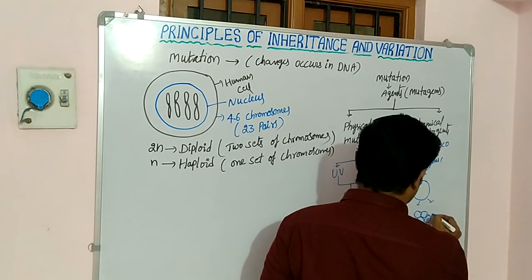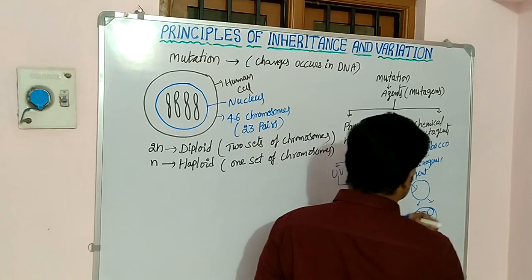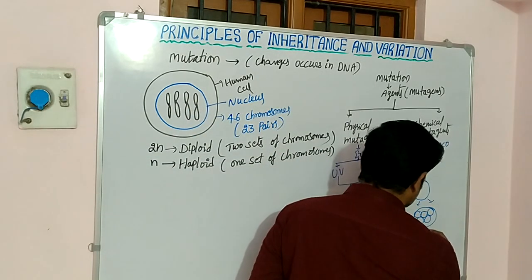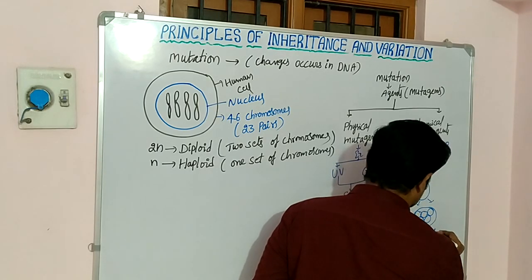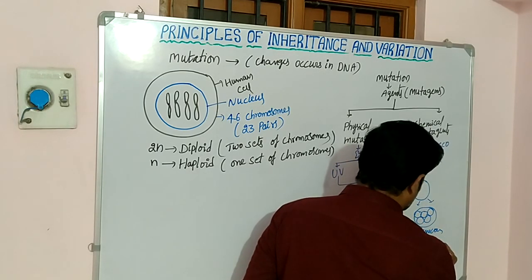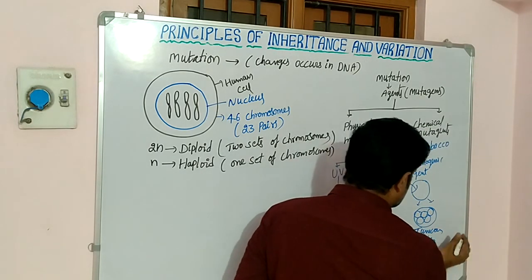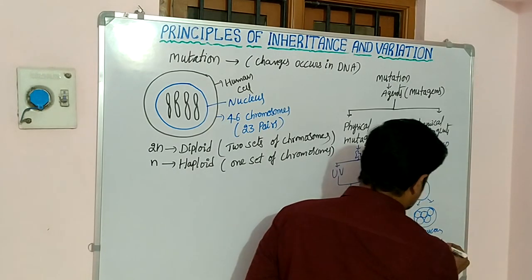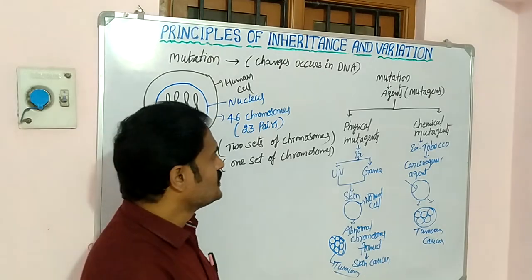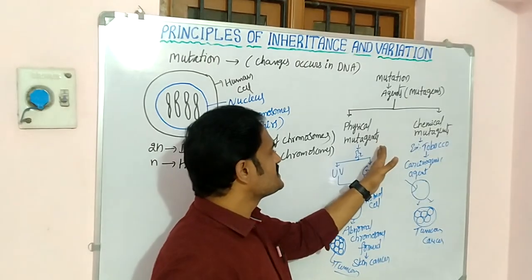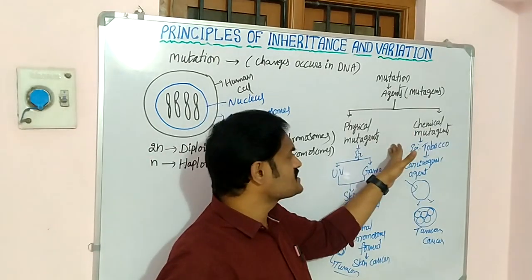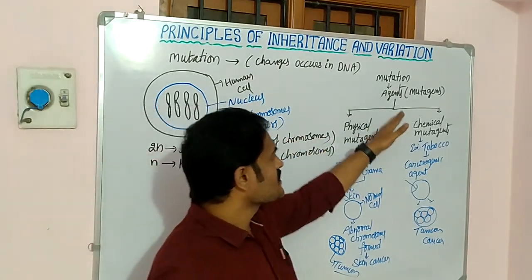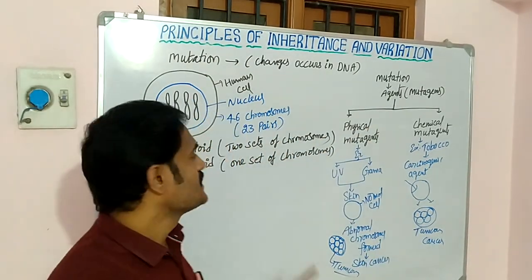These abnormal cells are also responsible for the formation of tumors. So this is also called cancer. These are the mutagens which are responsible for mutation.